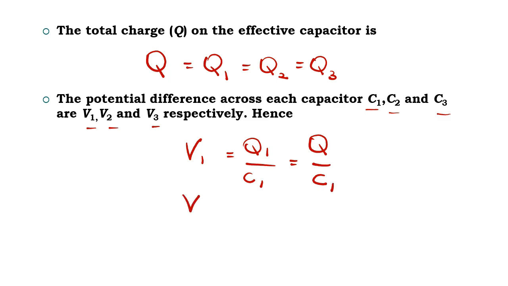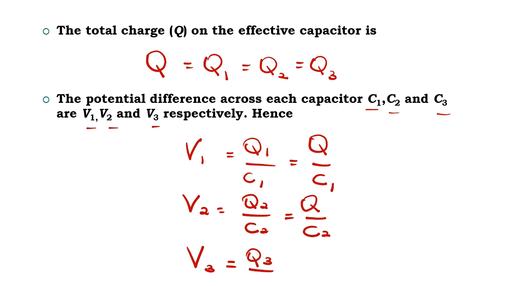Same for V2: V2 equals Q2 over C2, which also equals Q over C2. And V3 equals Q3 over C3, which also equals Q over C3.